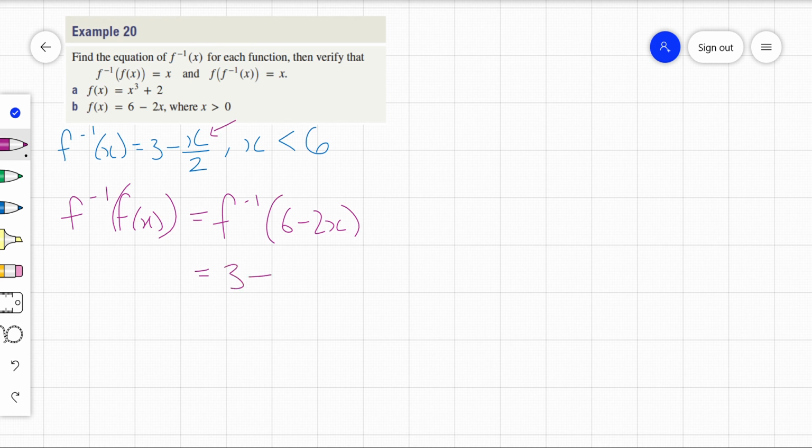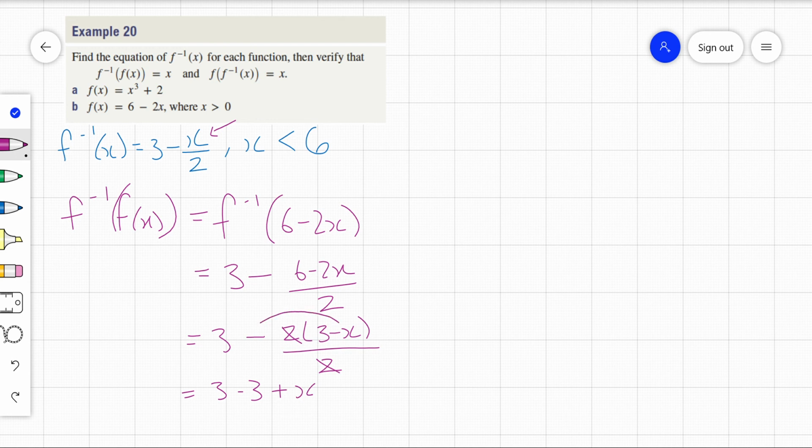So 3 minus 6 minus 2x on 2, which is 3 minus, if you think about it different ways, but say I factorize that top by 2 so you can see it clearly. We have 3 minus 3 plus x, because minus times a minus is a positive. So we get back to x, so that works nicely.